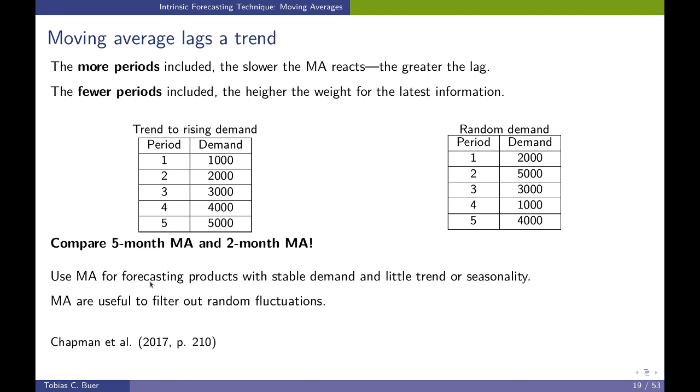So the 5 months moving average would create the same outcome. However, the 2 months moving average for the left table would forecast 4,500 units, while the 2 months moving average for the right table would forecast 2,500 units, a much lower forecast. So you see that the fewer periods you include in the moving average, the quicker it reacts.